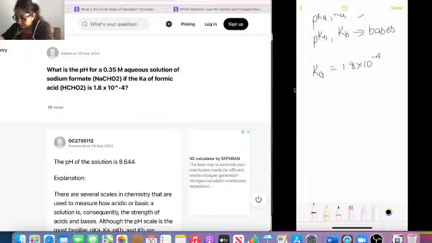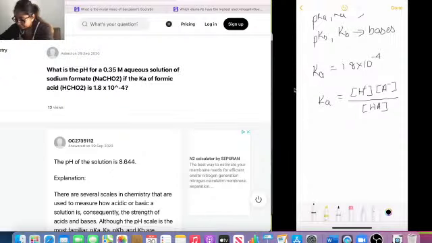right? And if you recall, your Ka expression is expressed as: you have your protons, your H, so the concentration of your hydrogen ions, and basically the dissociated ions from the compound, over your reactant, which is the acid.